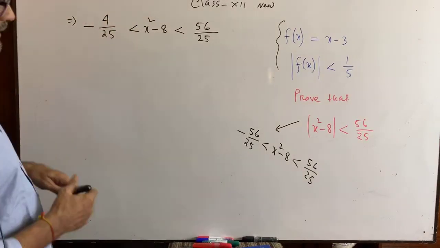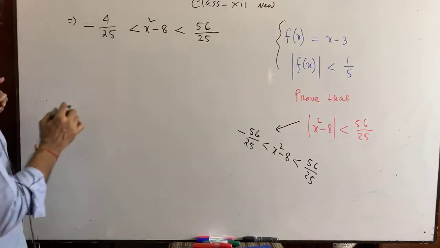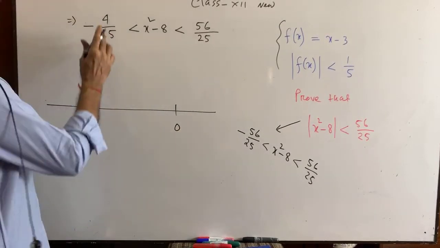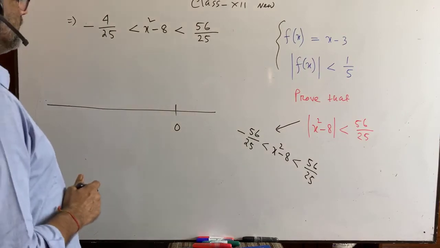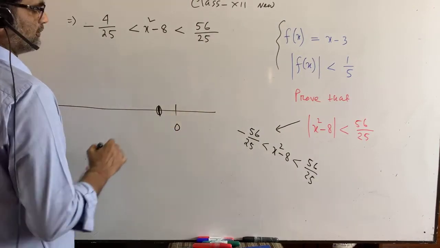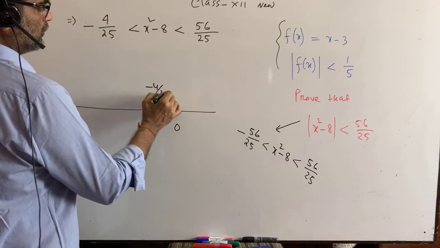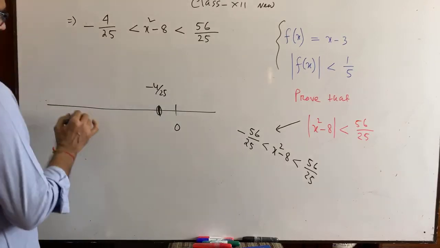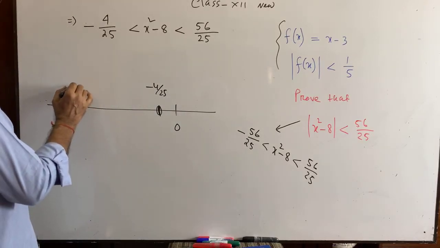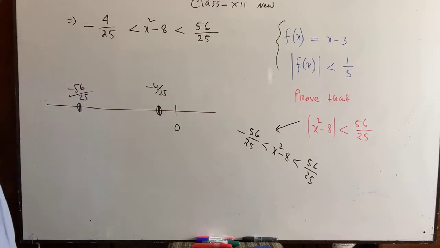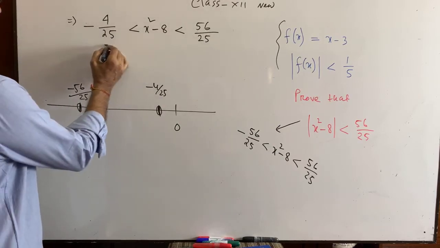Not a matter. You please try to understand. Suppose it is 0. Minus 4 by 25, that means suppose it is minus 4 by 25. Suppose I am giving an example. It is minus 4 by 25 and it is minus 56 by 25. Is it okay? Suppose. Now what is meant by this part?